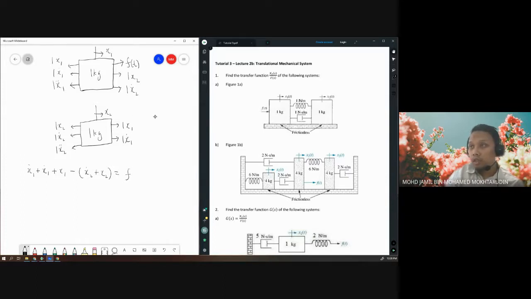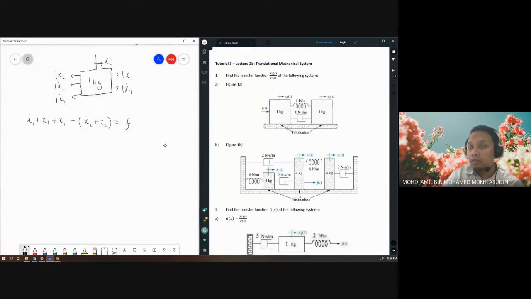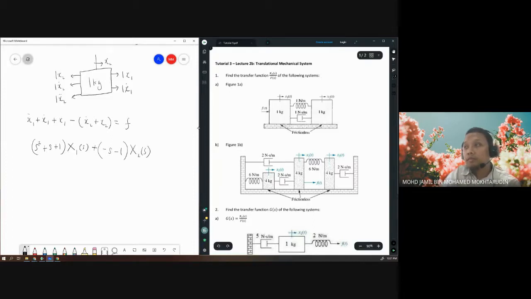You can write this in the frequency domain, so it becomes (s square plus s plus 1) X1(s), as I factorize and convert using Laplace transform. If you are not sure, you can do it step by step, but here I skip steps. Then minus (s plus 1) X2(s) equals F.